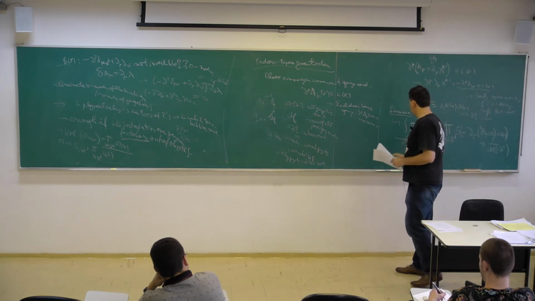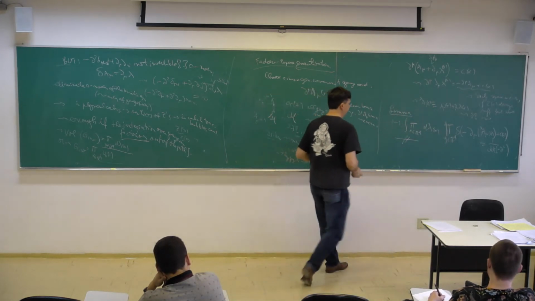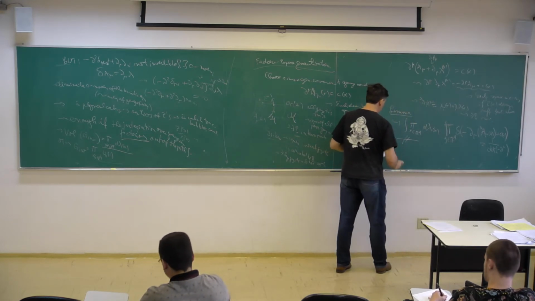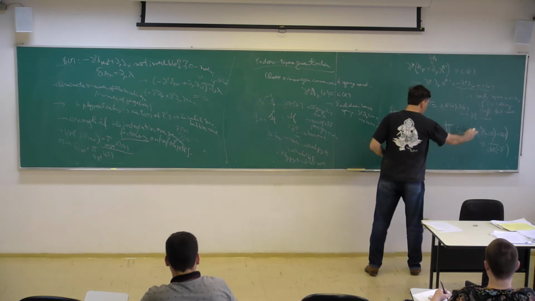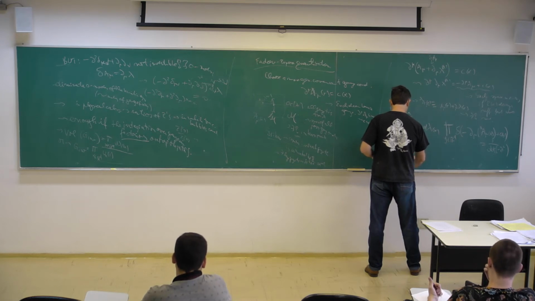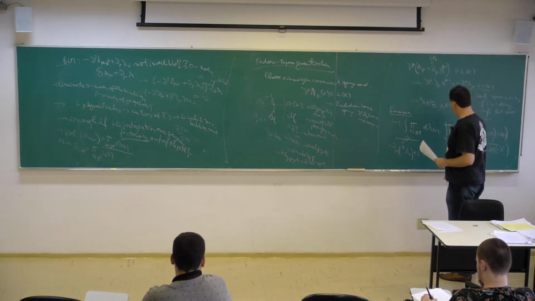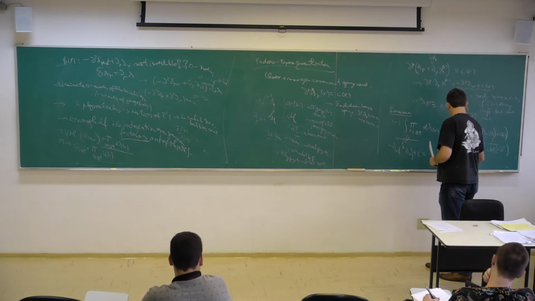Let's prove this. This thing, minus d mu of A mu lambda plus c. By definition, A mu lambda is A mu plus d mu lambda, so minus d mu A mu minus del squared lambda plus c.